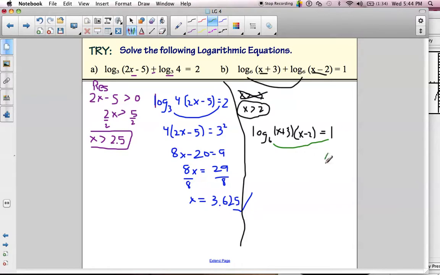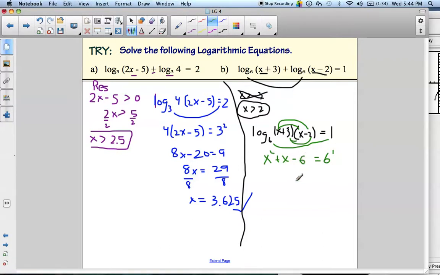So over here we get 6 to the power of 1. And then we rainbow and do our double rainbow here. That times that, that times that, that times that, that times that. Okay? And what that ends up with is x squared plus x minus 6.